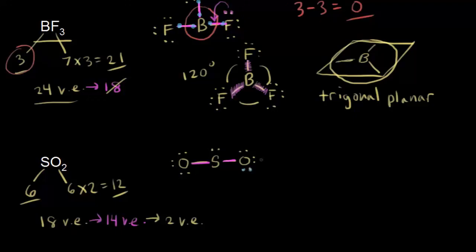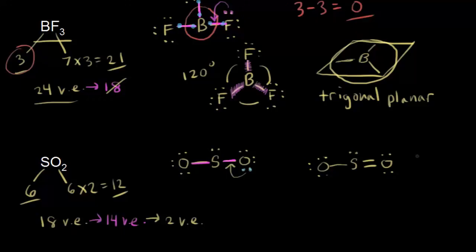I'm just going to say that we take a lone pair of electrons from that oxygen and move them in here to form a double bond between the sulfur and the oxygen. So now I have a double bond between the sulfur and the oxygen. The oxygen on the right now has only 2 lone pairs of electrons around it. The oxygen on the left still has 3 lone pairs of electrons around it like that. And the sulfur still has a lone pair of electrons here in the center.